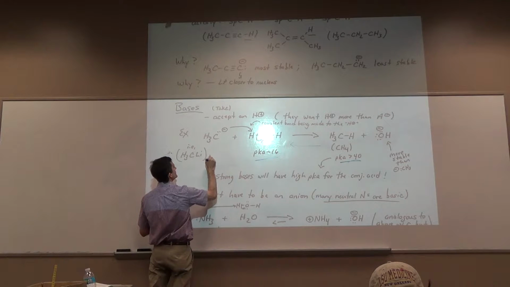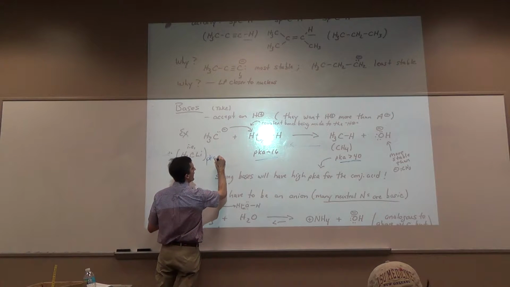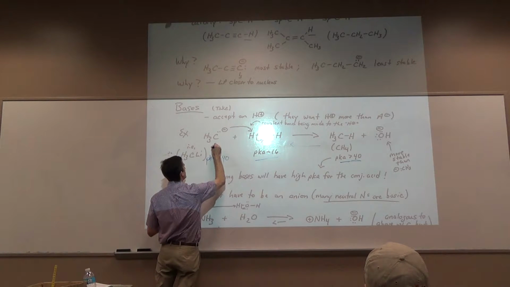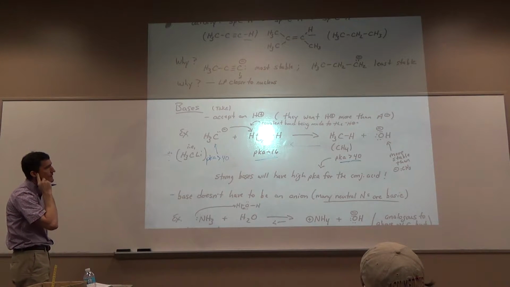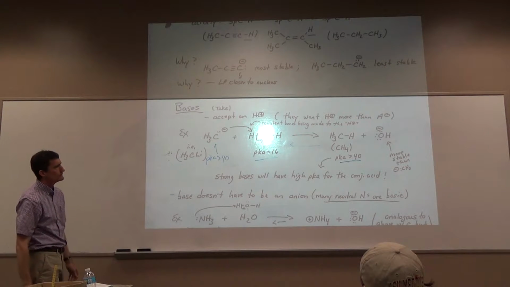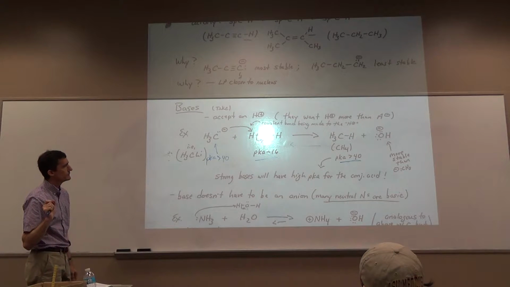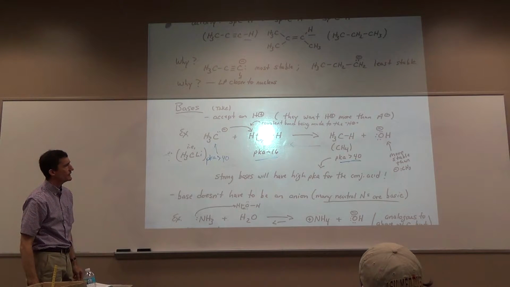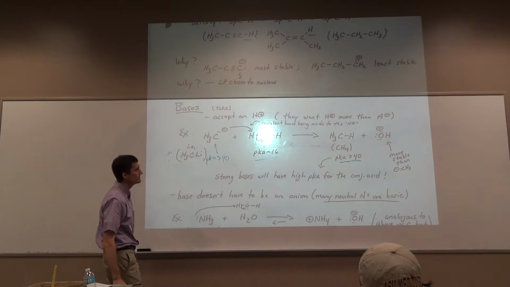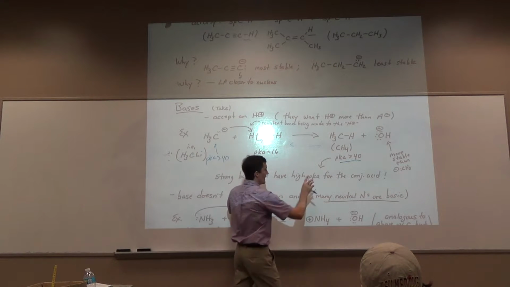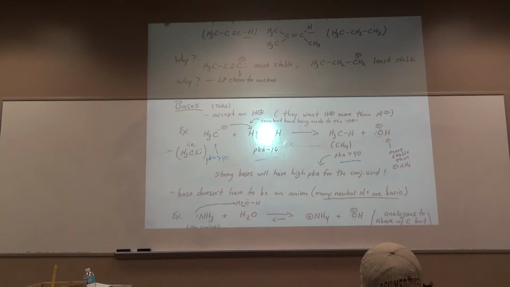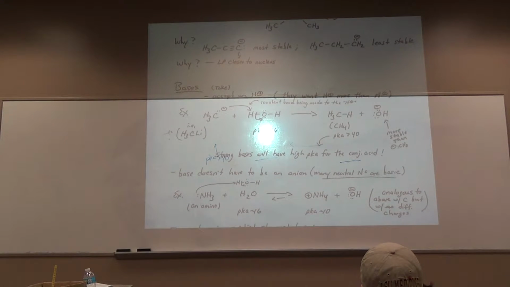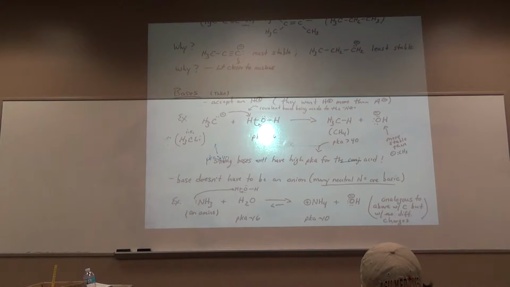For example, we could say this is pKa greater than 40. I'm not going to say anything else about that now. We'll discuss it a little bit later. It's just we got to be thinking about pKa's and equilibria and what the things mean. Before we get there, though, let's look at bases.